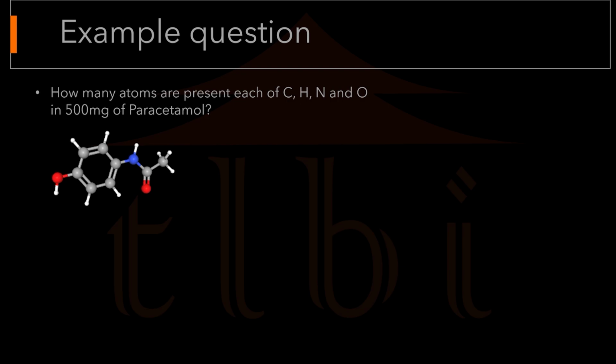Let's look at some example question before we end our discussion. Now the question can be how many atoms are present of each of carbon, hydrogen, nitrogen, oxygen in 500 milligram of paracetamol. Now that's a structure of paracetamol.